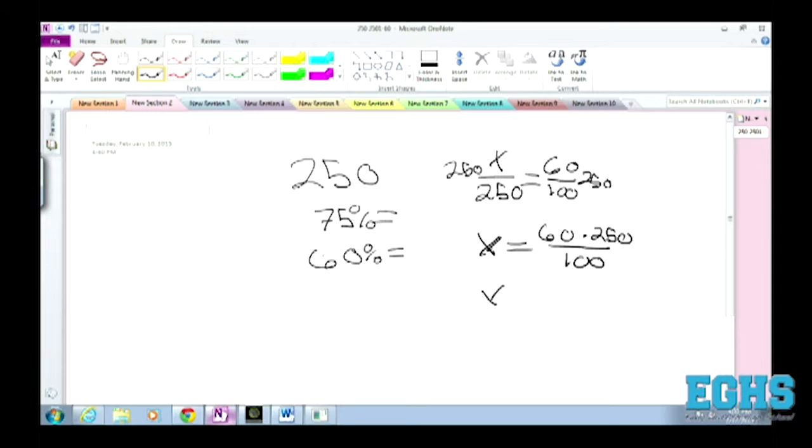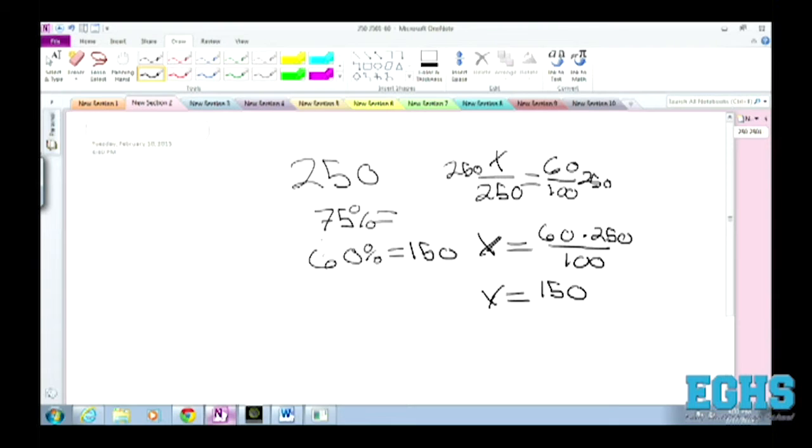So x is going to equal 150, if I did this right, which I did. Yes, I did. So x is going to equal 150. And so this is our 60%. Does that make sense so far? I'm going to assume yes.